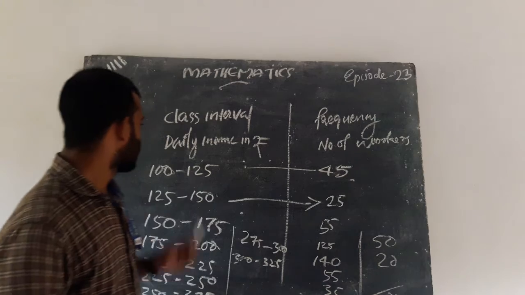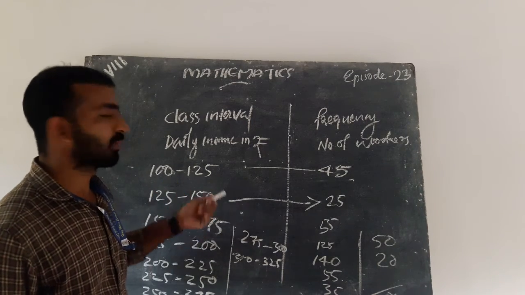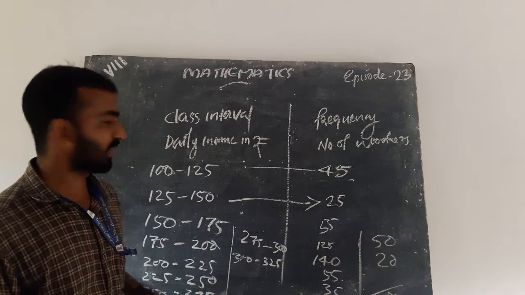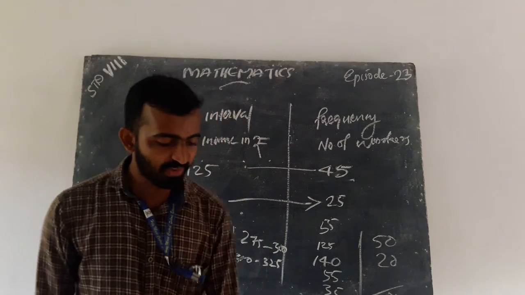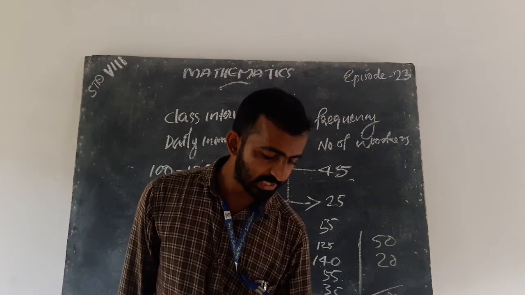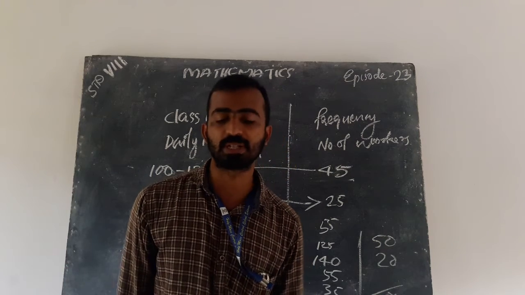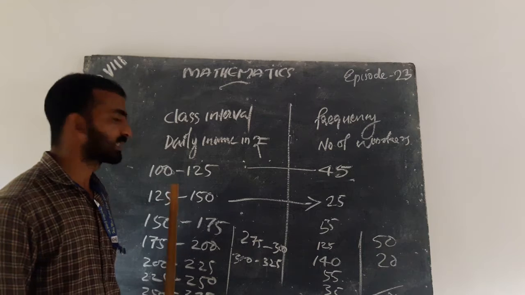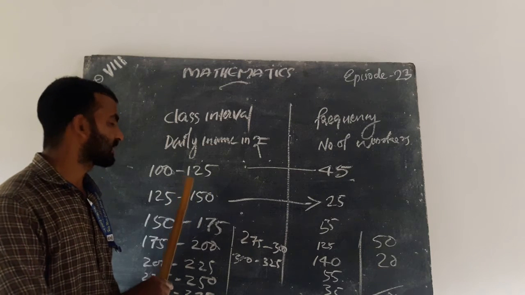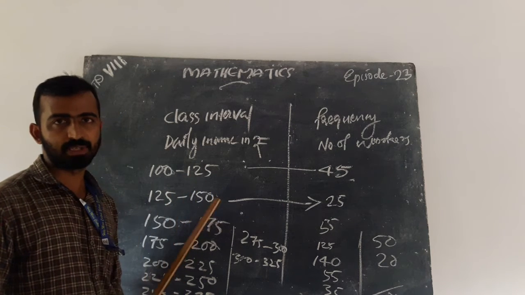Here are class intervals 0 to 100, 100 to 125, 125 to 150. First question is, what is the size of the class interval? Class interval size is upper limit minus lower limit.